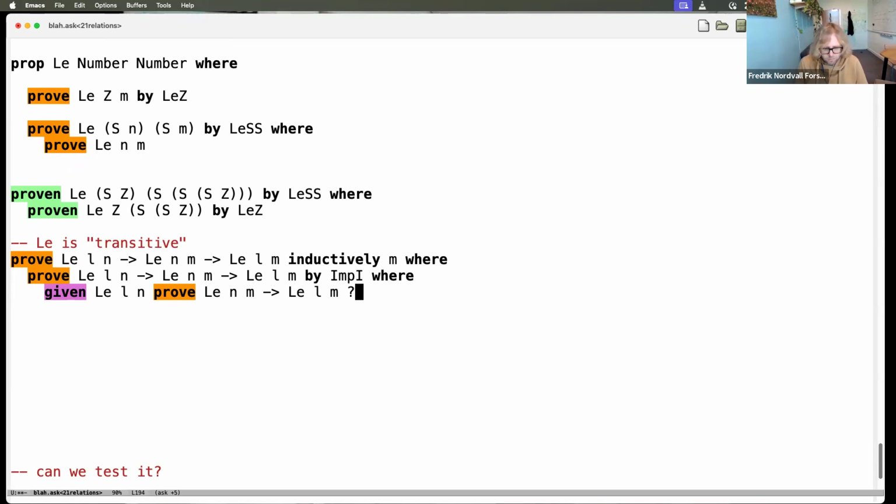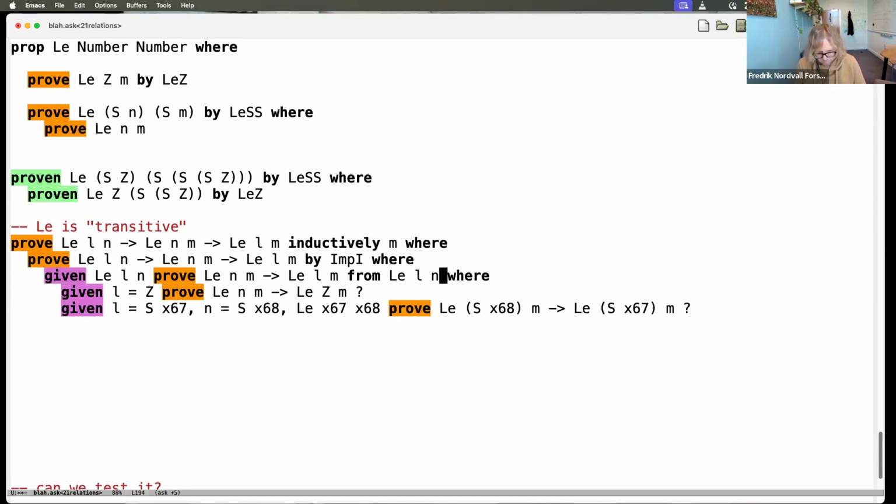That would be nice. Say from less than or equal L N. So you can see this is yet another reason why we don't bake from into inductively. It's because sometimes you want to look at something which gets you a bit of extra juice.